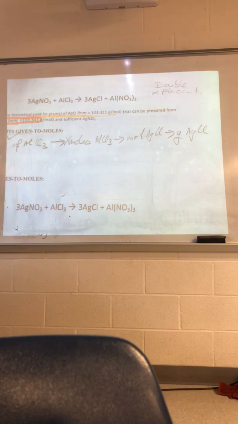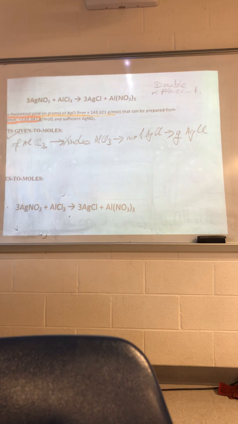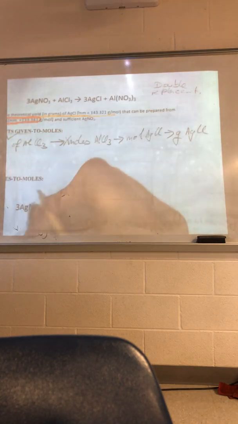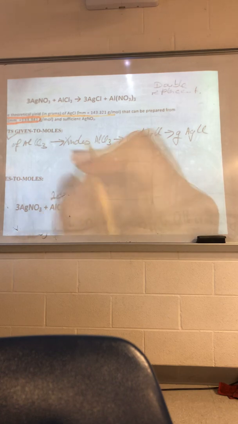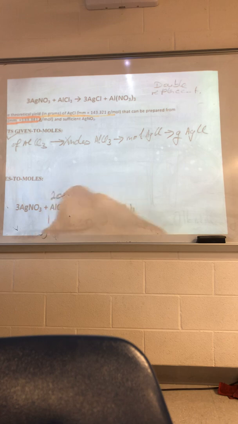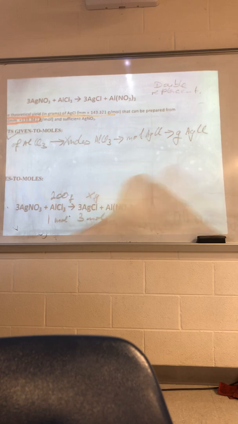Alright, so now let's see. I have 200 grams of AlCl3, so that is 200. In this balanced equation, I only have 1 mole. This is in grams. I want X grams of this, and I have 3 moles here.